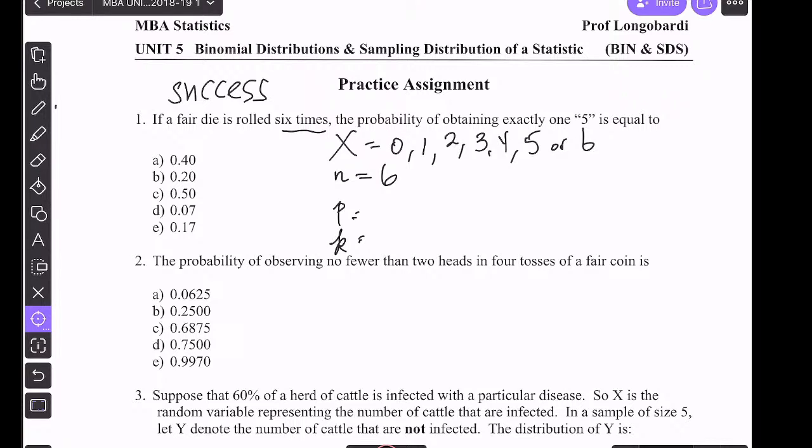So when you feel stuck, what is a success for this problem? What's a success? How would you define it?